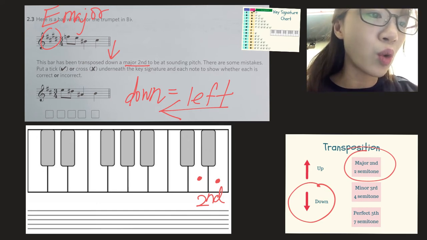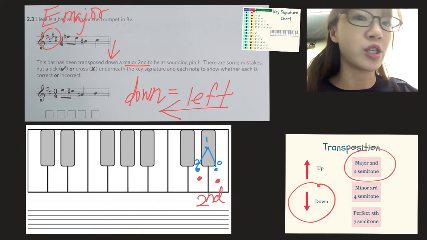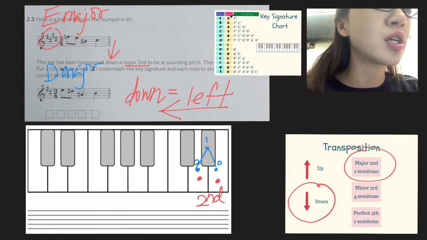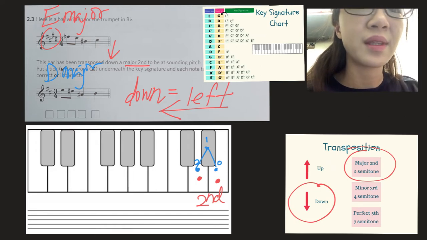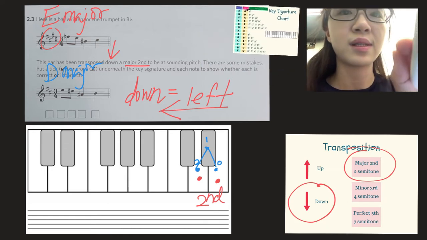Okay, 0, 1. So start from the 0, 1, 2. You need 2 semitones. Yes, so E major, you go to D major. Yes, in this case, it's D major. So from the chart, we understand that D major gives you F sharp and C sharp. Yes, that's correct. Okay, so the answer is correct.